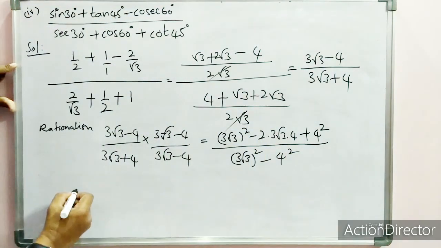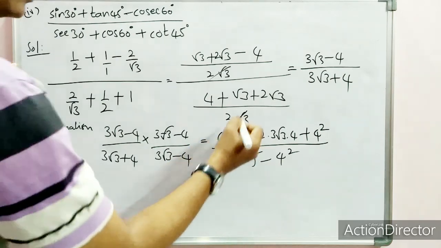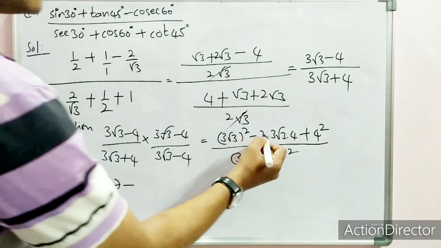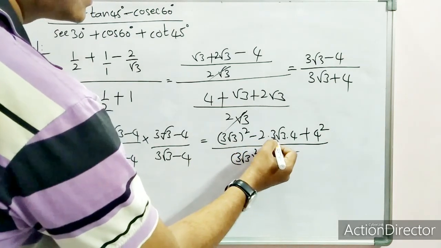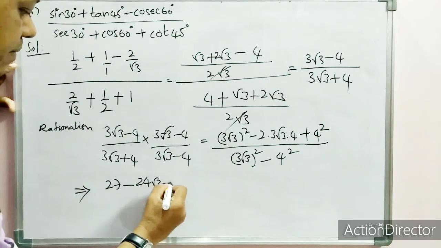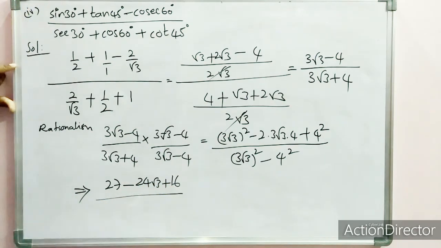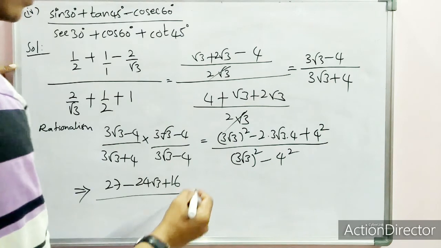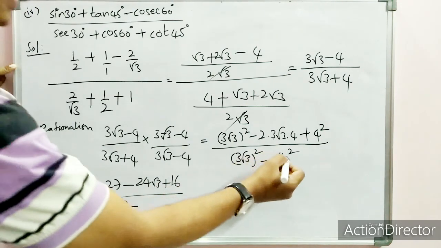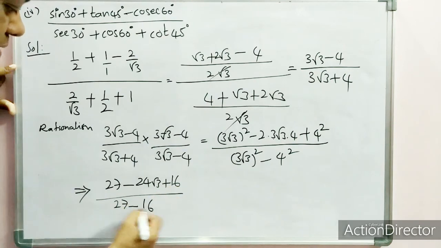Now you simplify it. 3 root 3 whole square is 9 times 3 is 27, minus 2 times 3 is 6, 6 times 4 is 24, 24 root 3 plus 16, by, this is 3 root 3 whole square, again it is 27 minus 16, 4 square is 16.